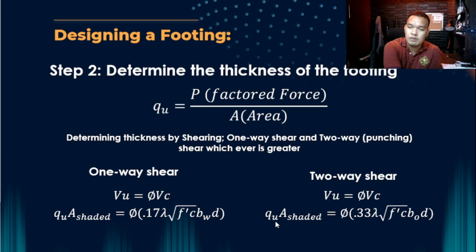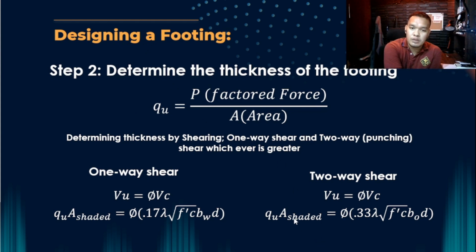VU is equivalent kay VBC, but the value of VU is QU area shaded. Yung area shaded po dyan is yung critical section kaninang sinabi ko na kapag one-way shear is distance D from the face of the column, then ito, BWD is yung, basta papakita ko yan sa example, no?